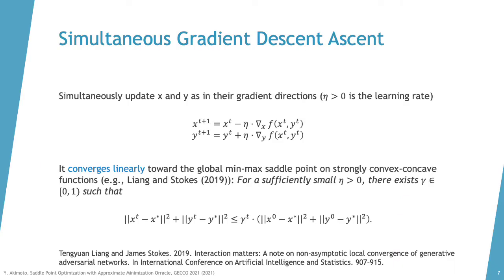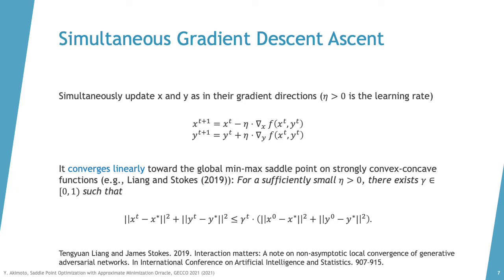A popular approach when the gradient of the objective function value is available is a simultaneous gradient descent ascent approach summarized here. It simultaneously minimizes the objective function value with respect to x and maximizes it with respect to y. Here eta is the learning rate.